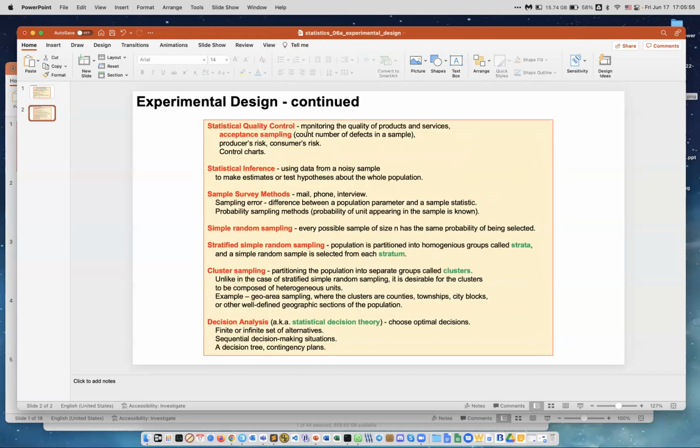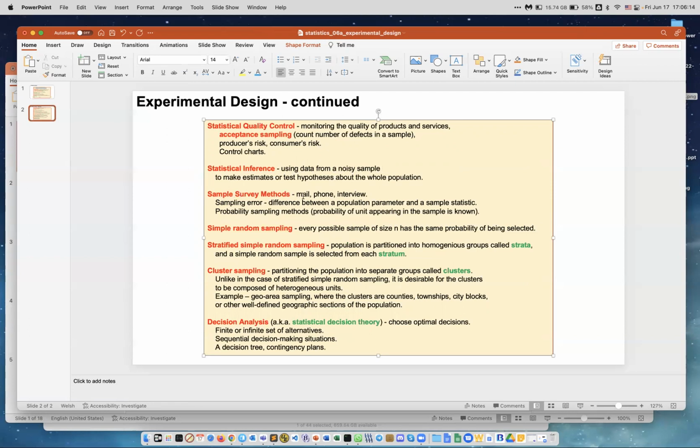Experimental design, statistical quality control, monitoring the quality of products and services, acceptance sampling, statistical inference. Well, this is what statistics is about, right? Using data from a noisy sample to make estimates or test hypotheses about the whole population.